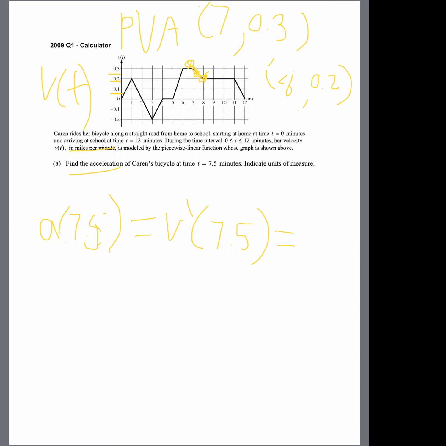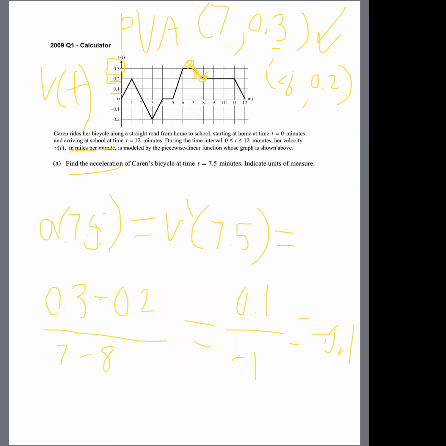I always like to use these points when it's not as obvious, and since these are in increments that we're not used to, it might be better to use the points. So by using y2 minus y1, we do 0.3 minus 0.2 over 7 minus 8, which is 0.1 over -1, which is -0.1.